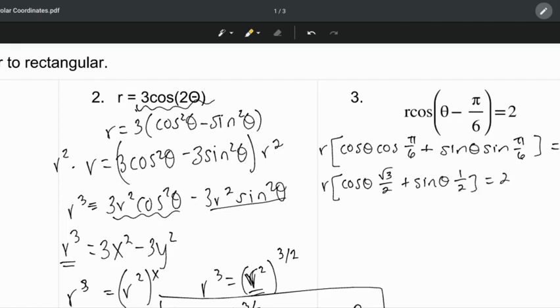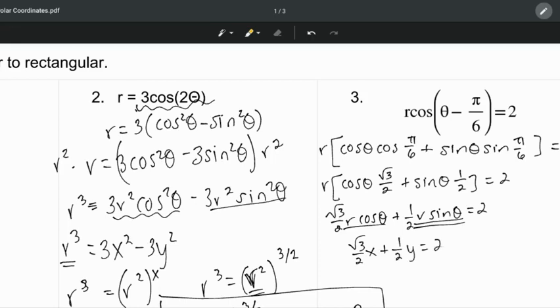So distributing our r, that's going to give us root 3 over 2 r cosine theta plus 1/2 r sine theta equals 2. So the r cosine theta is x, the r sine theta is y. So this is root 3 over 2 x plus 1/2 y equals 2.